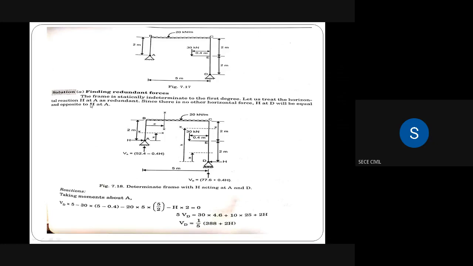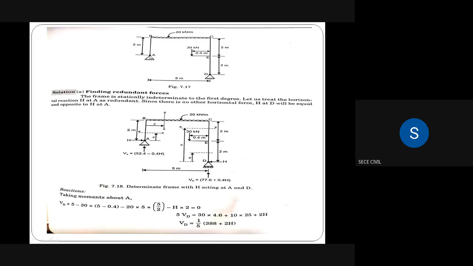Let us treat the horizontal reaction H at A as redundant. Since there is no other horizontal force, H at D will be equal and opposite to H at A. Both supports A and D are rigid supports having horizontal forces, but we consider the horizontal force at A as the redundant force.